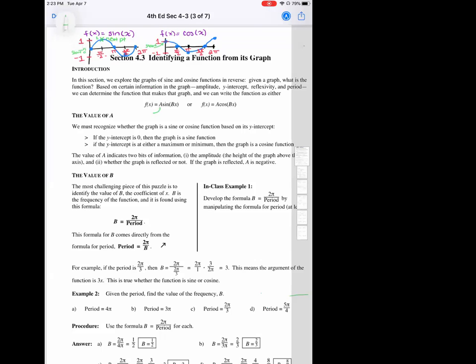So a is our amplitude. That refers to how far high and up our function goes. Now, assuming that we do not have a vertical shift, it's our highest value, right? But really, it's a measurement from the middlemost value to the, I guess you can say highest. That would be the amplitude.